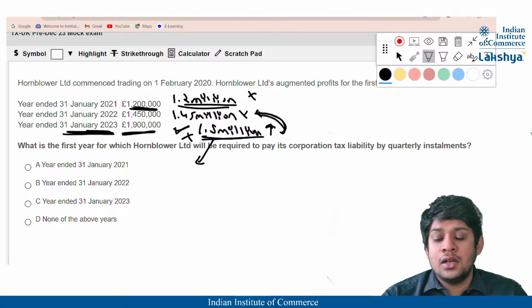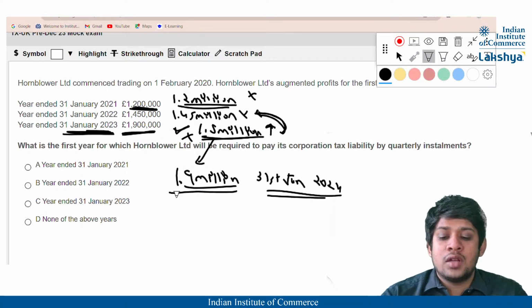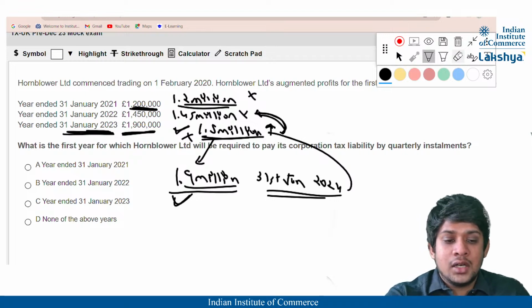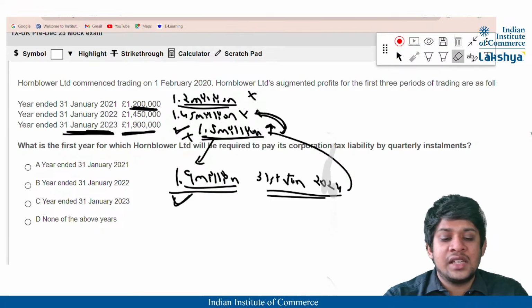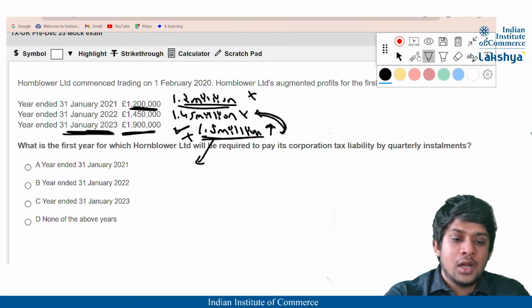In the next year, if again she exceeds it, maybe her income is again 1.9 million, then in the next year, that is 31st January 2024, she will be considered as a large company because in the previous year also she exceeded the 1.5 million threshold.